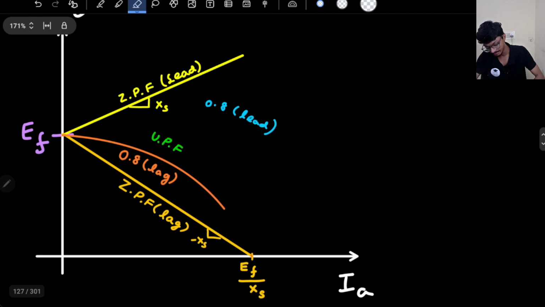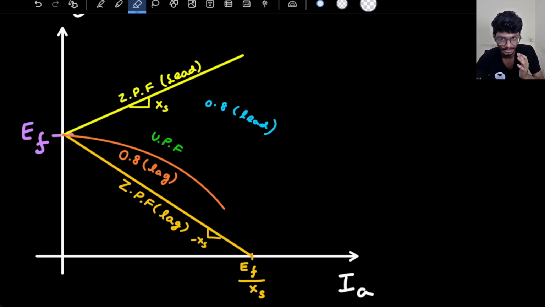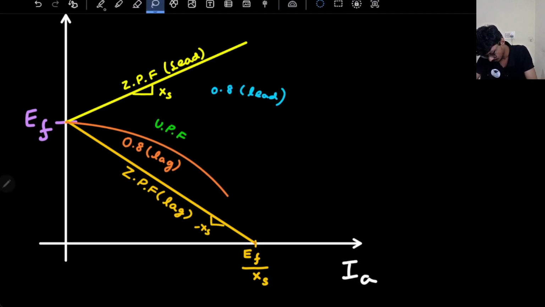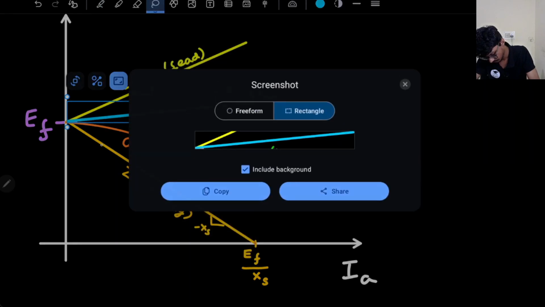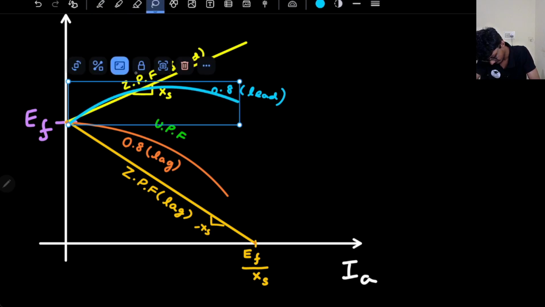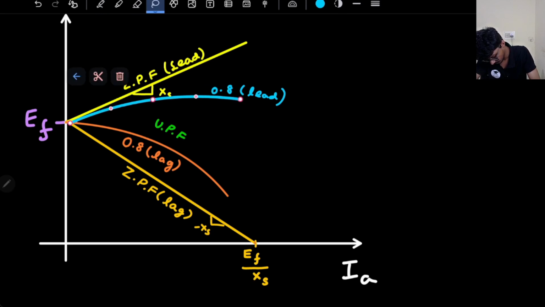Okay, so as I increase my power factor from lagging to leading, what will happen? The voltage for the same amount of current will increase, right? So let me draw for 0.8. Okay, I'm not able to draw this curve. Let me draw it like this. This will be here, this will be much higher.